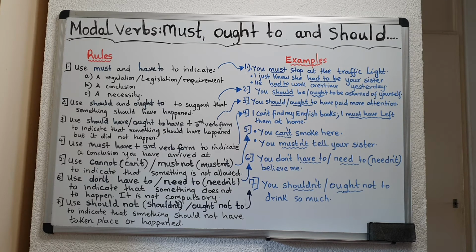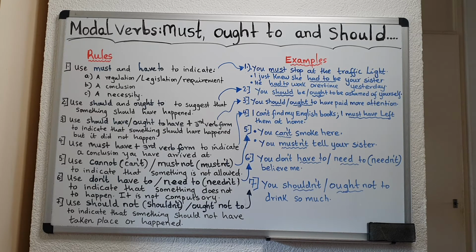Look at the next example. I just knew she had to be your sister. Now, use must and have to indicate a conclusion. And a conclusion here means that you have arrived at that conclusion based on your observation.